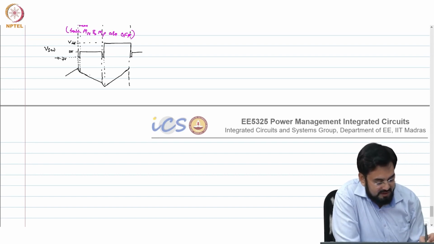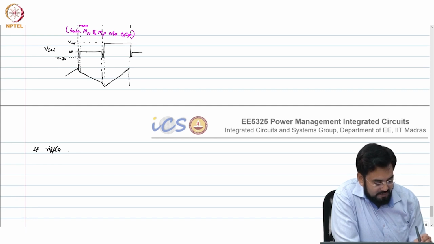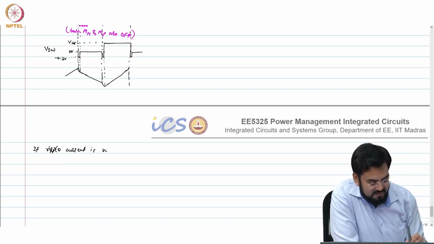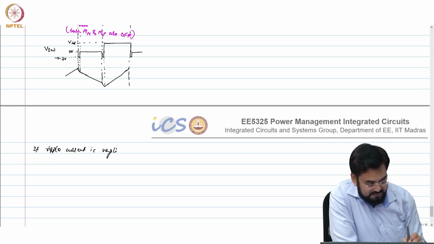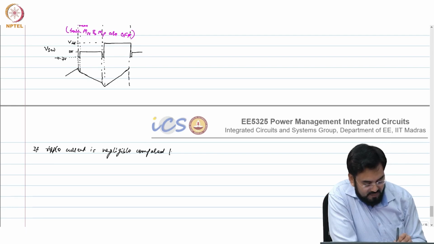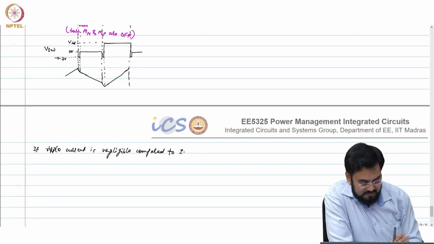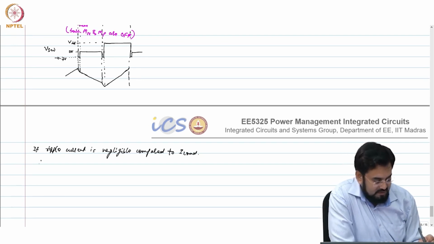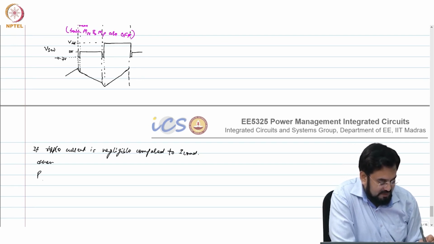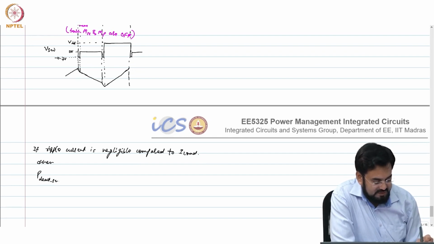So if I want to calculate, if ripple current is small compared to high load, then what will be the P dead, the dead time switching loss?